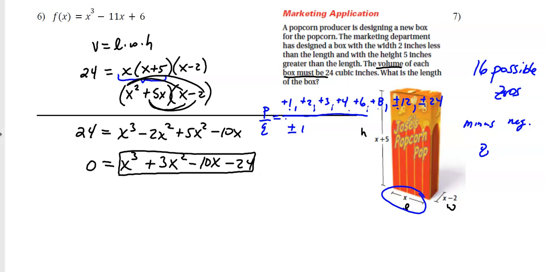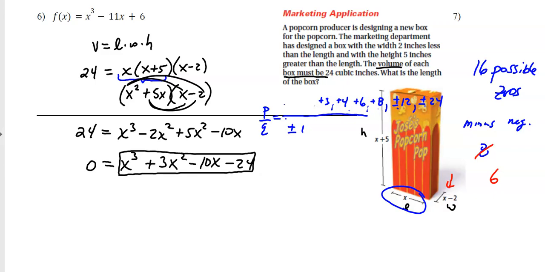And I think if I plug 1 in or 2 in, my width is going to be an issue. In order for this to be positive, x has to be bigger than 2. So that wipes out these guys. So actually, we have it down to 6 possibilities.